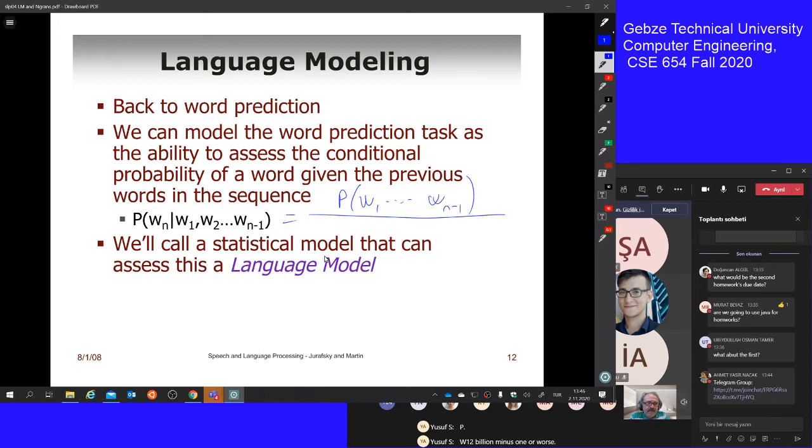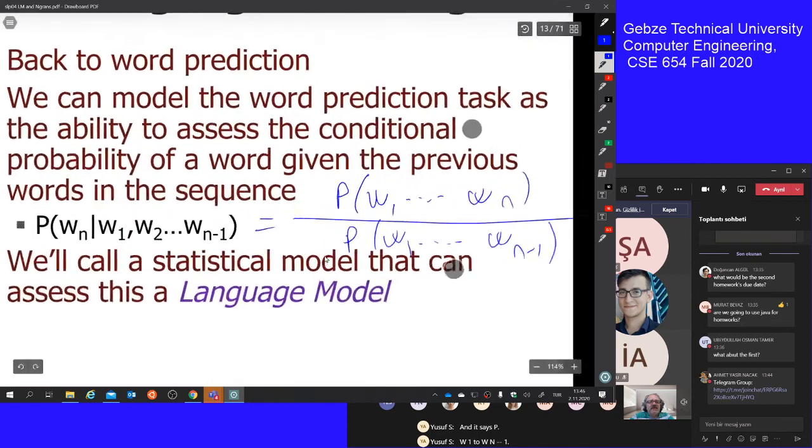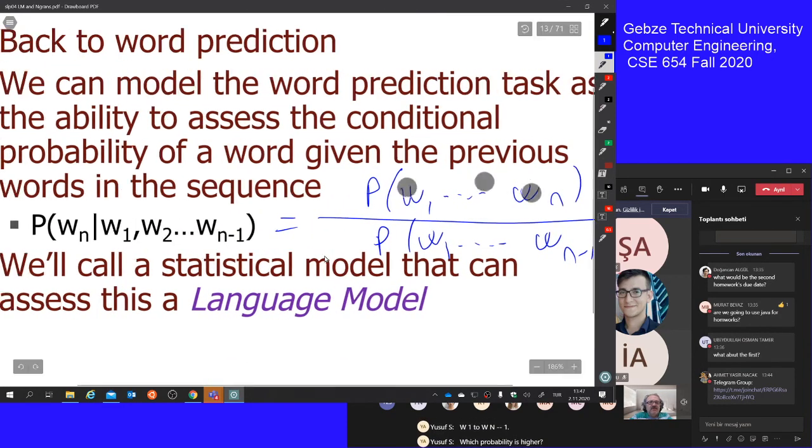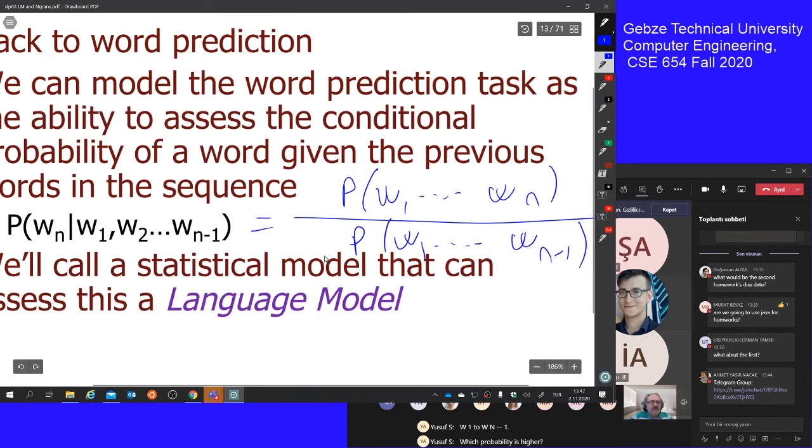Sorry, just the opposite: this is N, and this is P(W1 to Wn minus 1). Which probability is higher? This one or this one? Numerator or denominator?